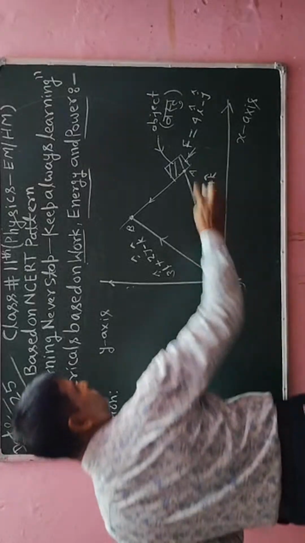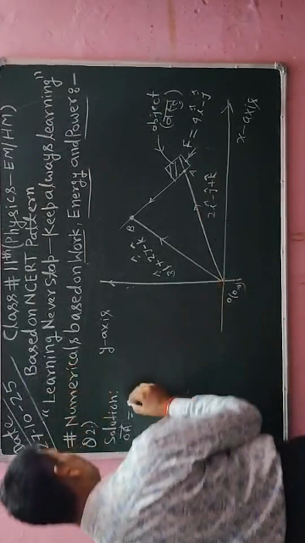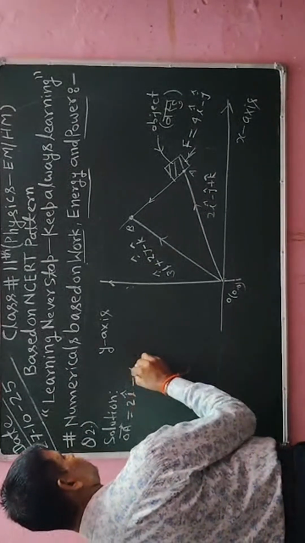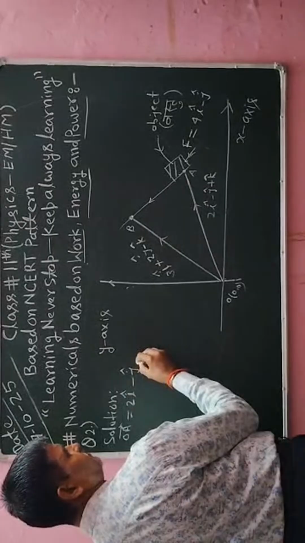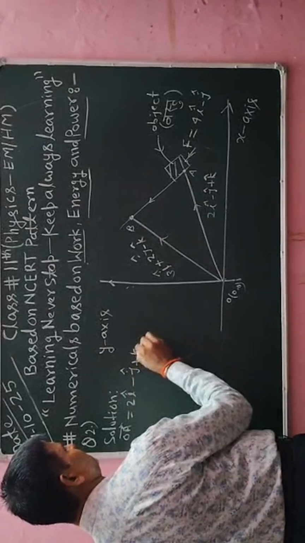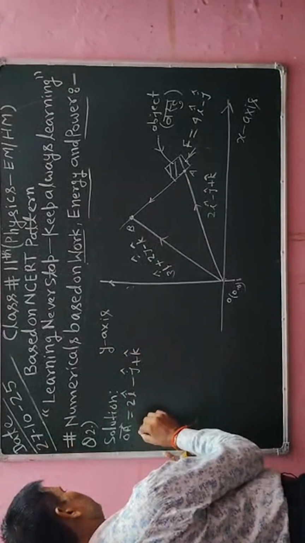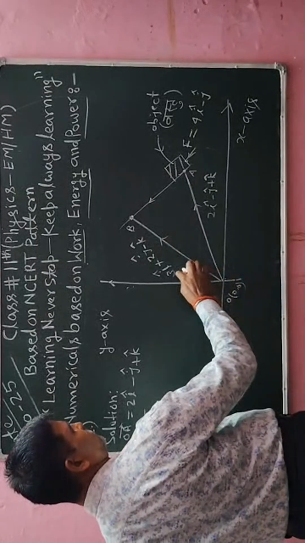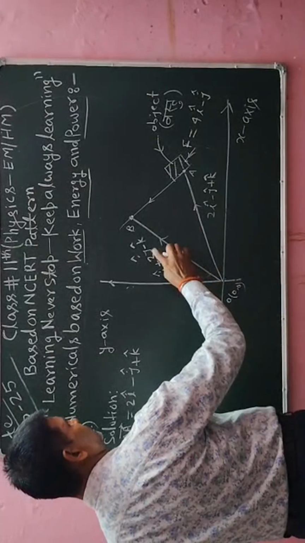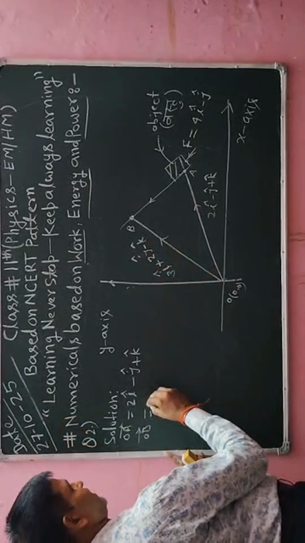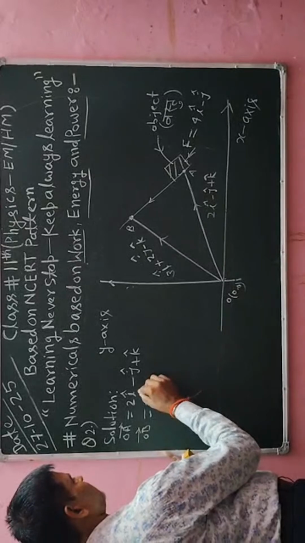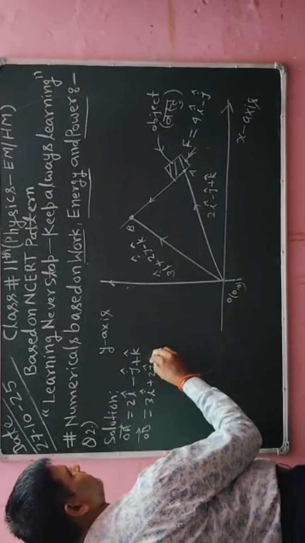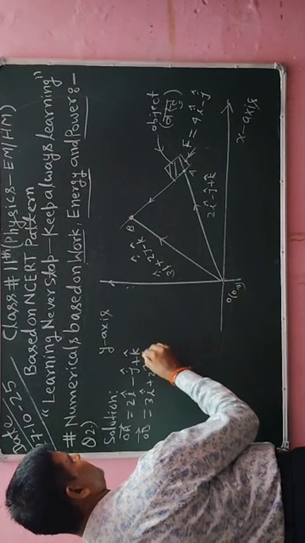Its value is 2 vector i cap minus vector j cap plus vector k cap, and position vector OB is also given here, that is OB is equal to 3 vector i cap plus 2 vector j cap minus vector k cap. So I will write here 3 vector i cap plus 2 vector j cap minus vector k cap.